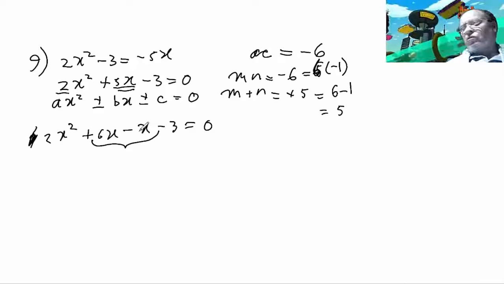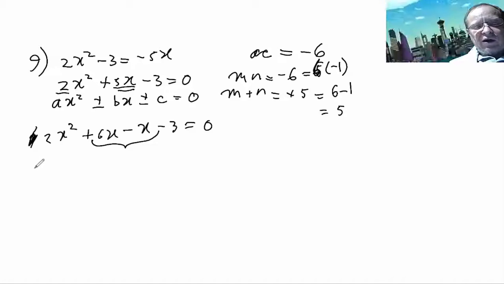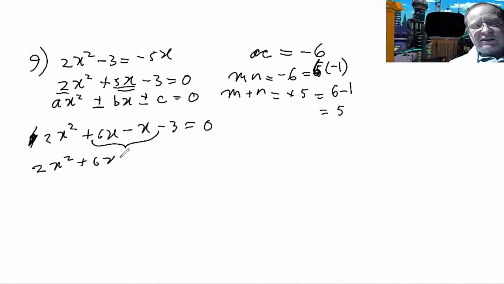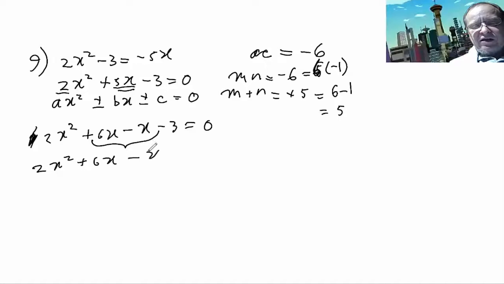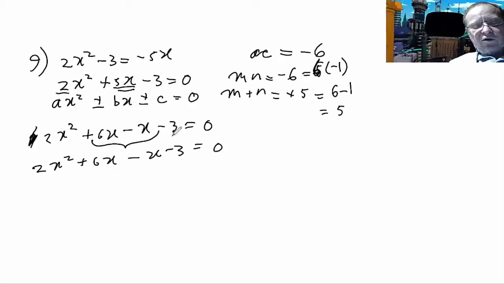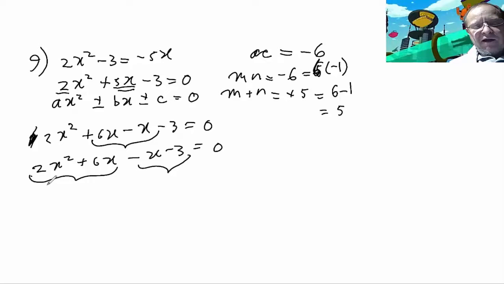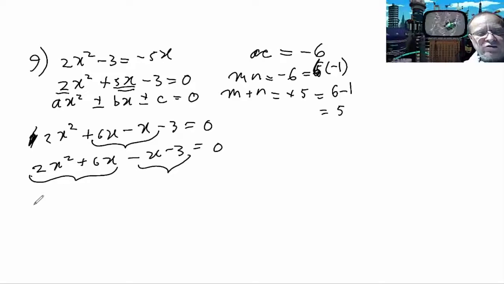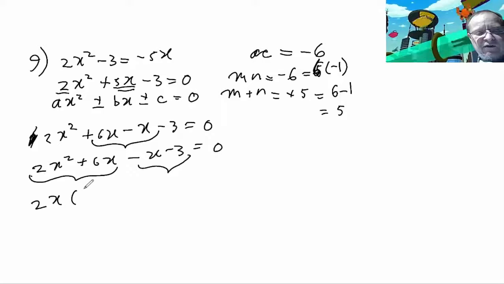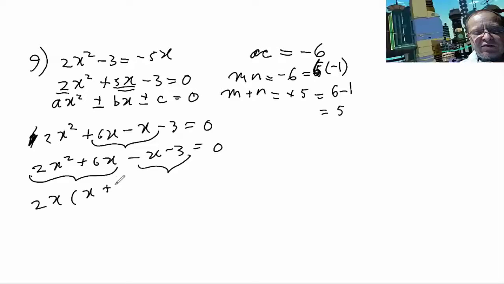So doing this, I can now factor by grouping. So I end up with 2x squared plus 6x, and then I have minus 3x minus 3 equals 0. So I'll look at this group, and I'll look at this group. Here I will factor out 2x, and I'm left with x plus 3.